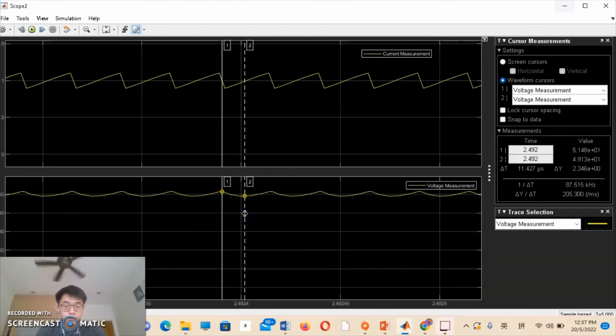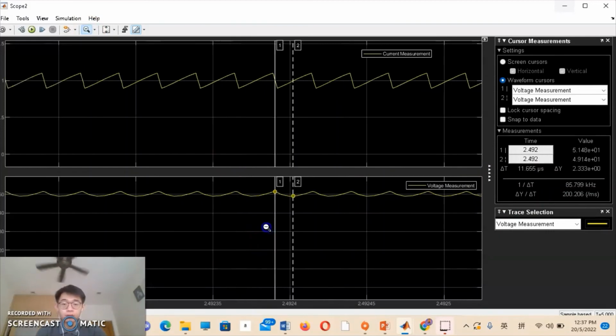Okay, so as we can see here, the change in output voltage of the SMPS controller will be around 2.3 volts. Okay, and when we convert it into percent, we can obtain the output voltage ripple of the buck converter itself or the SMPS controller.